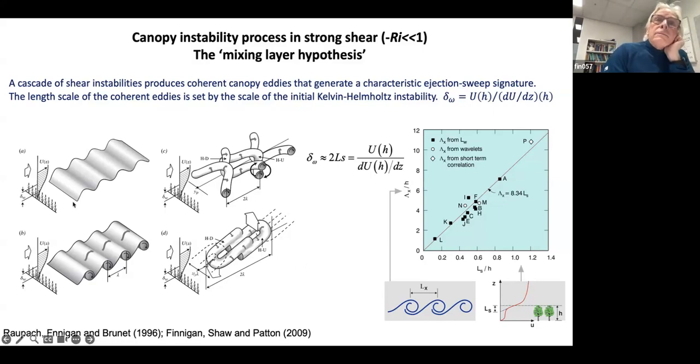And the key parameter which controls this instability is the vorticity thickness: the velocity at the top of the canopy divided by the shear at the top of the canopy.